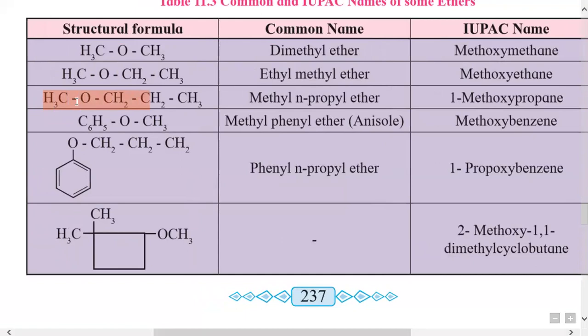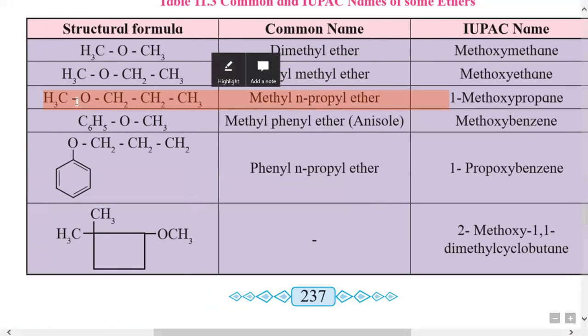Next example is CH3O CH2 CH2 CH3. Here while giving the common name, one of the alkyl groups is methyl and the other alkyl group is n-propyl. So according to alphabetical order, the correct common name is methyl n-propyl ether.